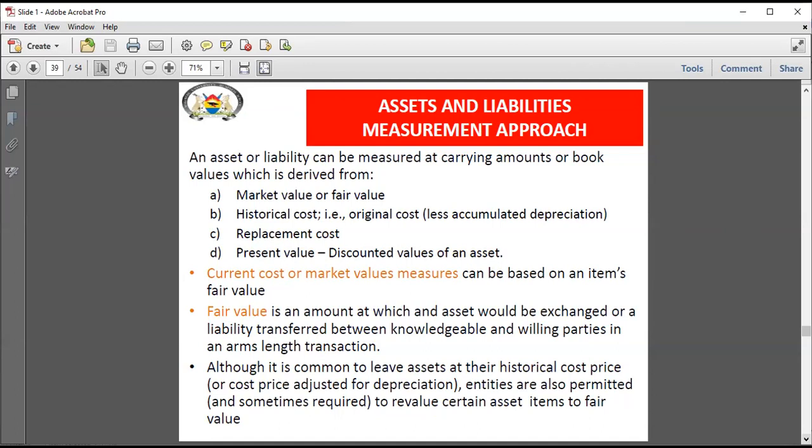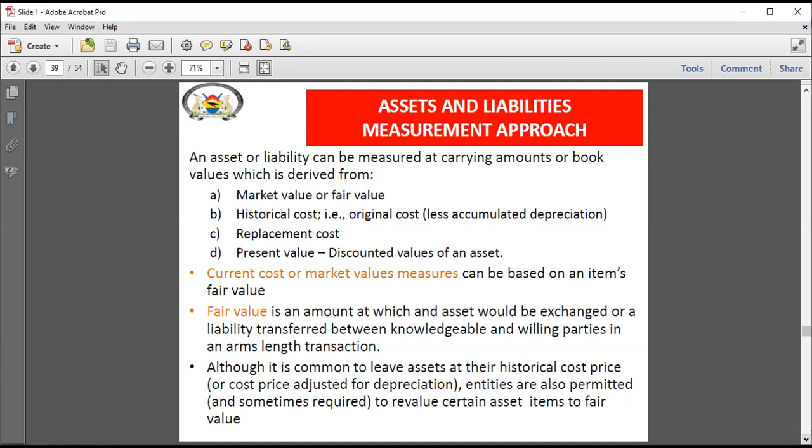By the eighth year, you've recognized 8 times 20 million, which is 160 million. At that point in time, that vehicle will be showing 40 million on your books of accounts because you bought it at 200 million and the accumulated depreciation so far is 160 million.